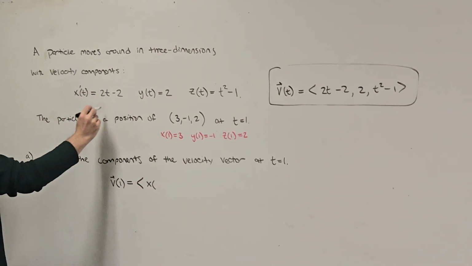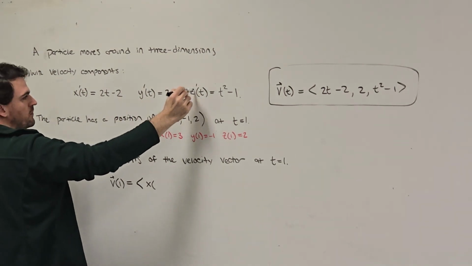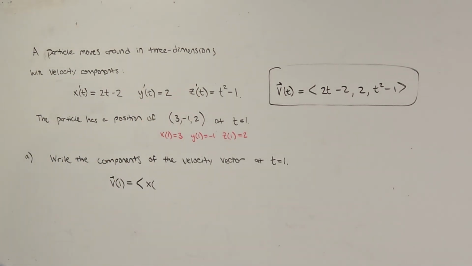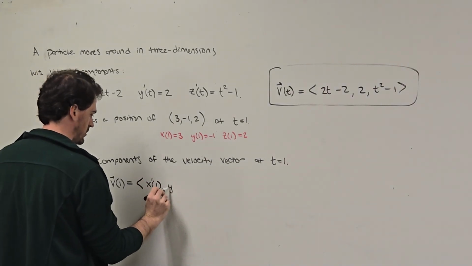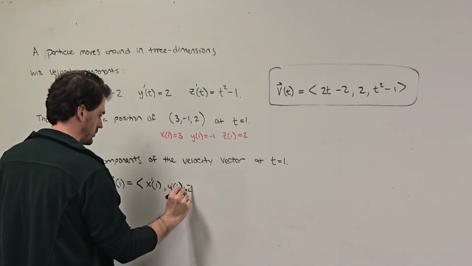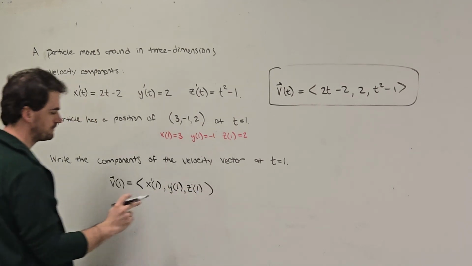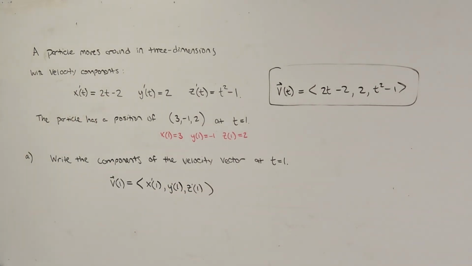Let's go ahead and call this x prime, y prime, z prime, just some notation to show that these are the derivatives of each of the components. So the velocity vector is going to be x prime of 1, y prime of 1, z prime of 1. And don't forget, that's what we were given when we first started.